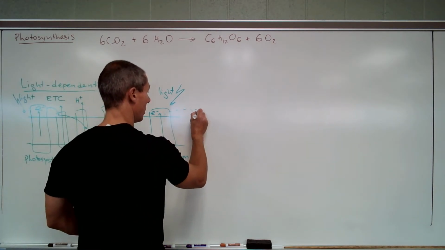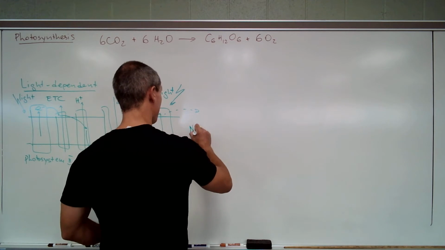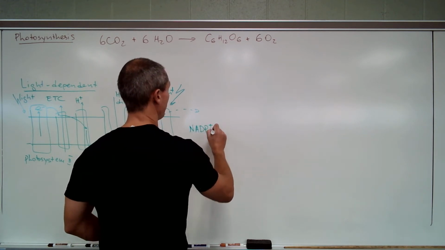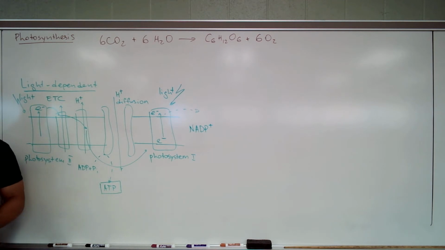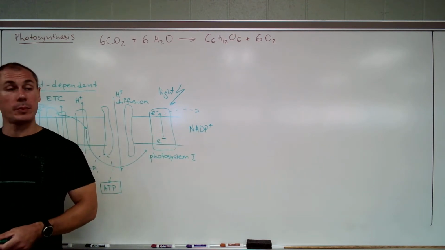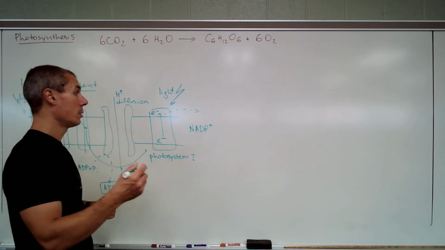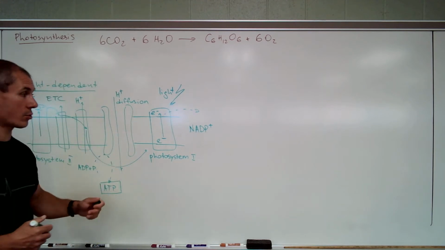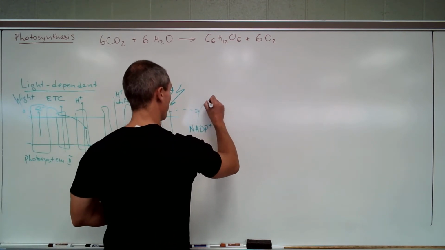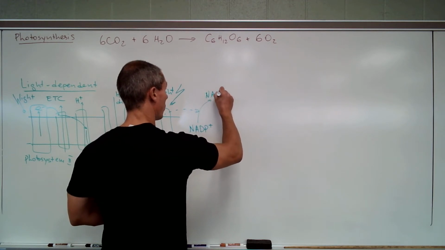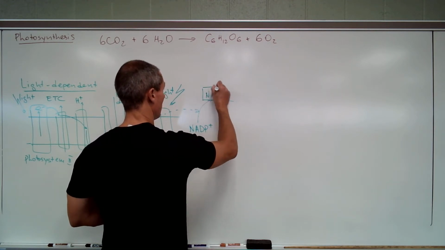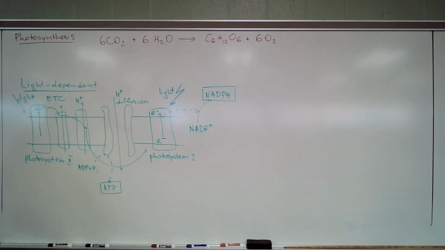Instead, it is being accepted by NADP+. Does the acronym NADP+ look kind of familiar? Right? NAD, but also with a phosphate. So NADP+ is the third electron carrier I mentioned before. So upon the acceptance of electron, NADP+ becomes reduced, and its reduced form is NADPH, and it's the second important molecule that is produced during light-dependent reactions.